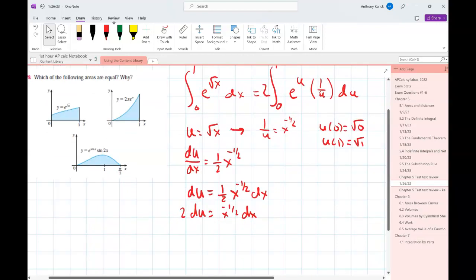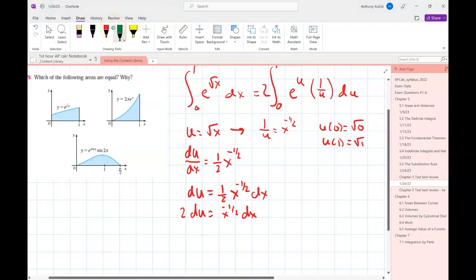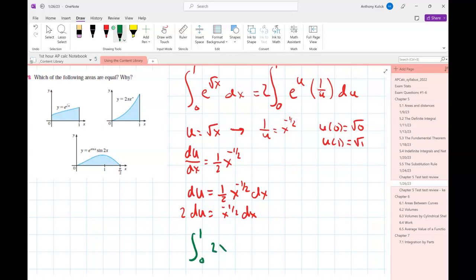Let's look at the next one. Okay. Is that u of x? Yes. Yeah, that's right. So I'll do it in a different color here. So I have the integral from 0 to 1 of 2x e to the x dx.